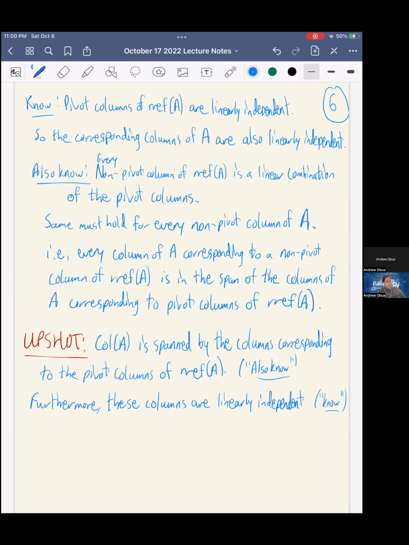And so what we have is these columns span the column space of A and they're linearly independent. And so that's going to mean that they're a basis.